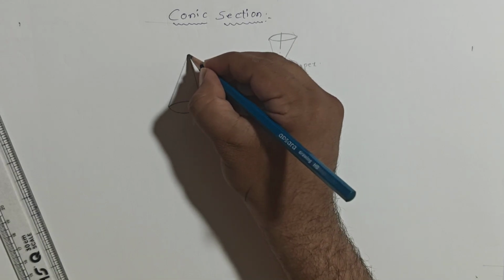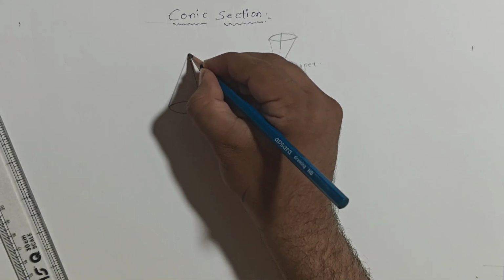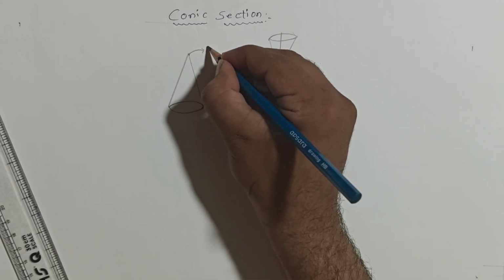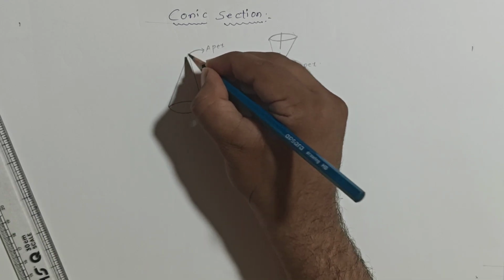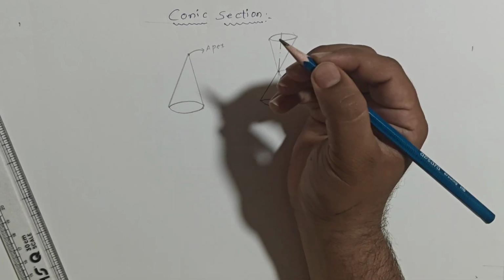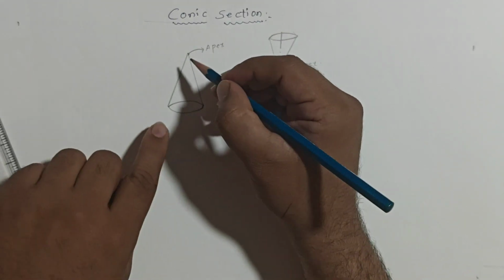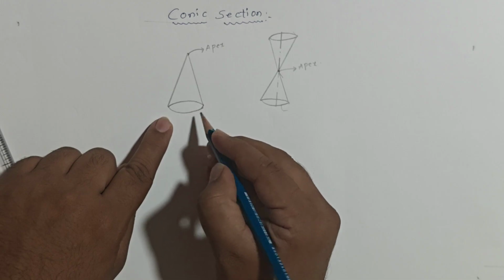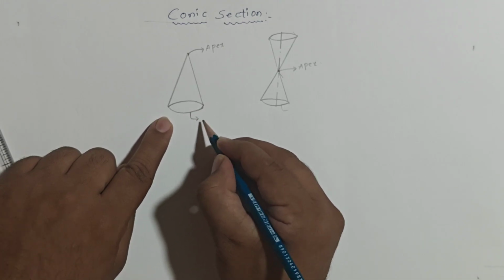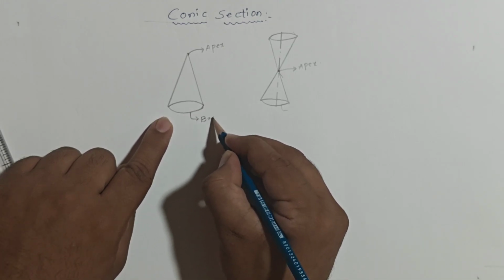This topmost part of the cone is known as the apex. The topmost part of the cone is known as the apex. The bottommost part of the cone is known as the base circle.